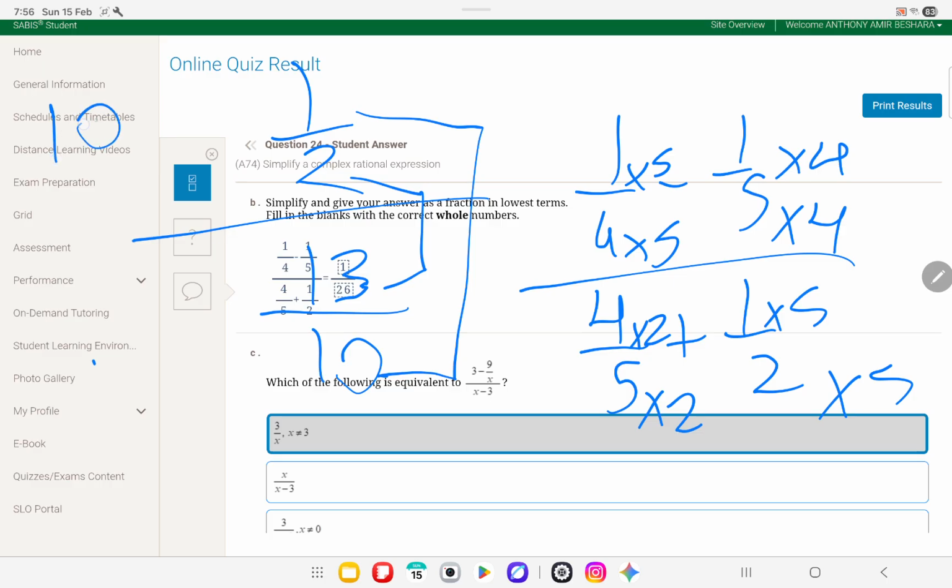Sorry, it's not 2, it's 20 times 13. It's 10 times 1 over 20 times 13, which is 260. Simplify this, just cross out the zeros, it's 1 over 26. This is your answer.